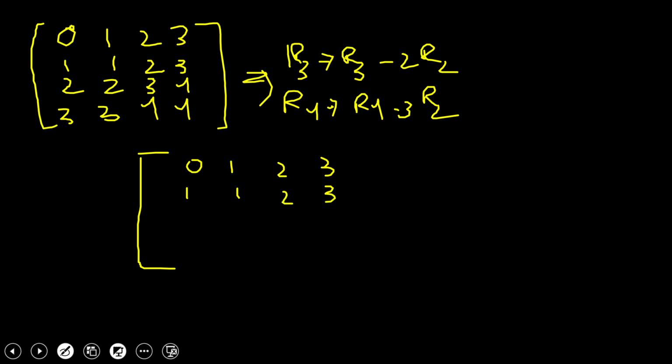Now 2 minus 2 is 0, again 2 minus 2 is 0, 3 minus 4 is coming minus 1, and 4 minus 6 is minus 2. Now 3 minus 3 is 0, 3 minus 3 is 0, 4 minus 6 is minus 2, and 4 minus 12 is minus 8.